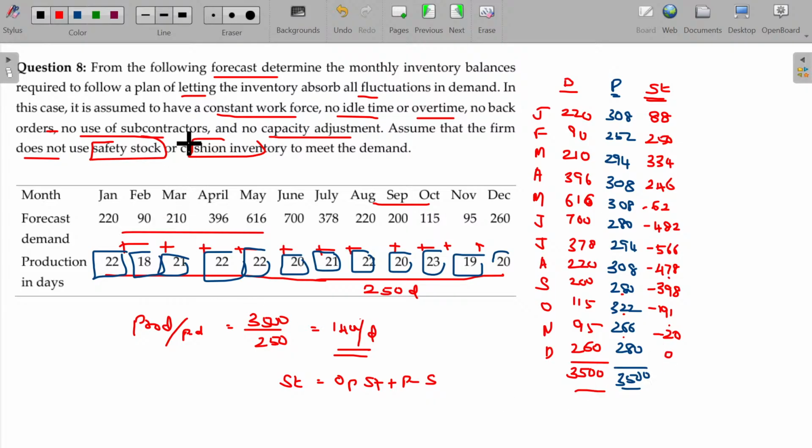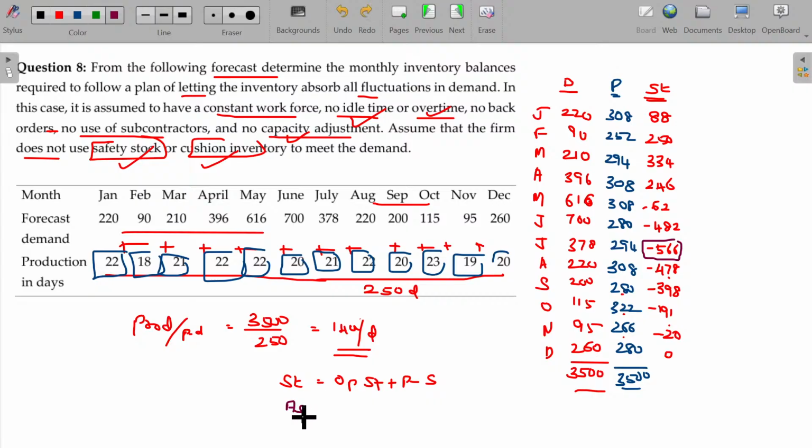But here what happens? You cannot have the safety stock, cushion inventory, you cannot do the capacity adjustment, no idle time, no overtime, and even though you have the negative stock, you cannot be allowed. Then what you can do?